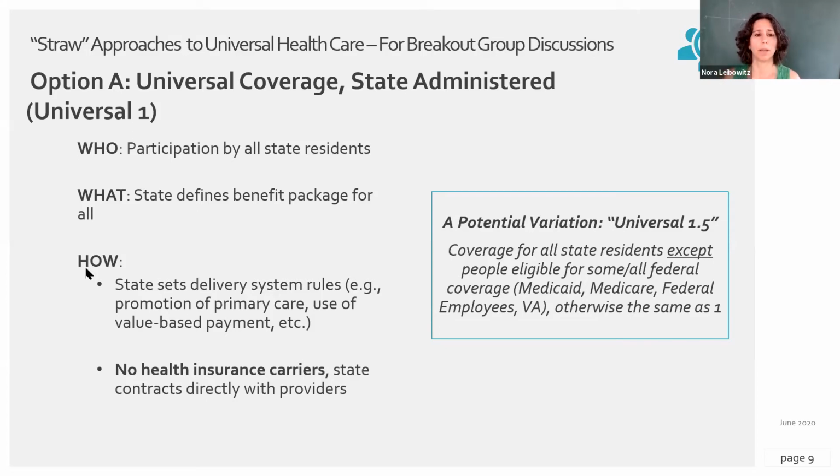And the idea would be that all the other rules, all the other setup would exist as in a universal one, but that population of folks would maintain what they have now.